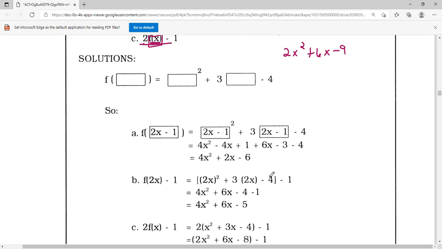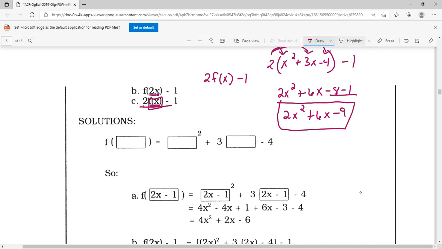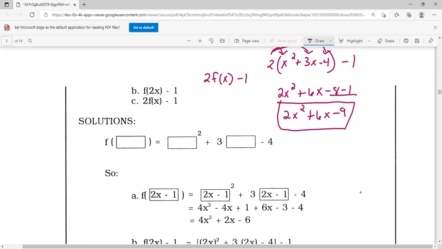Square plus 6x minus 9. Yep. Easy peasy. Okay, so you just got to kind of be careful and watch what's going on, right? What they're asking you to do. So in this one, we're finding f of 2x, right? In this one, we're just leaving our x as x.